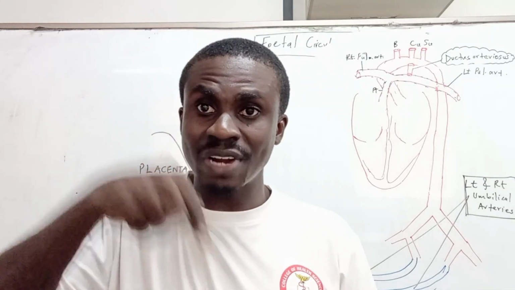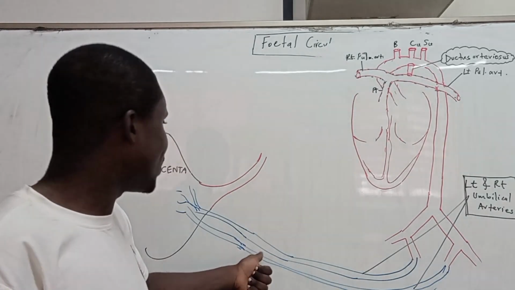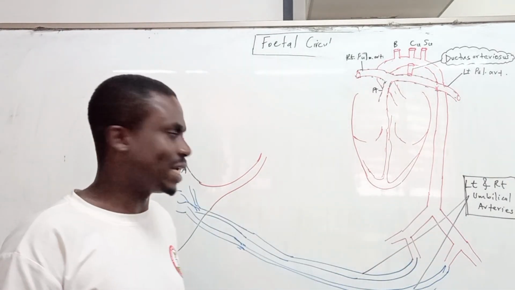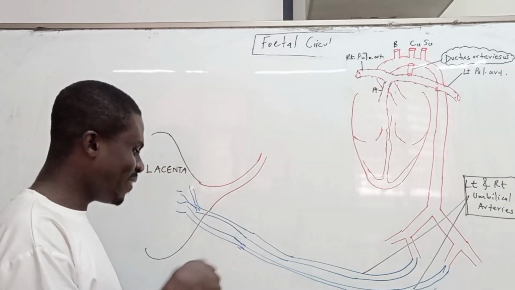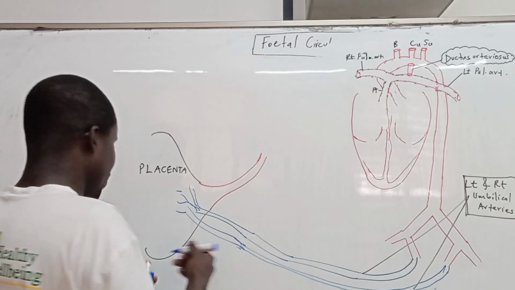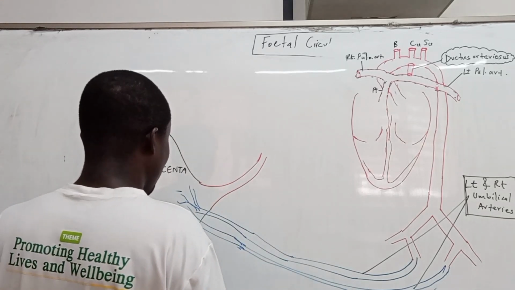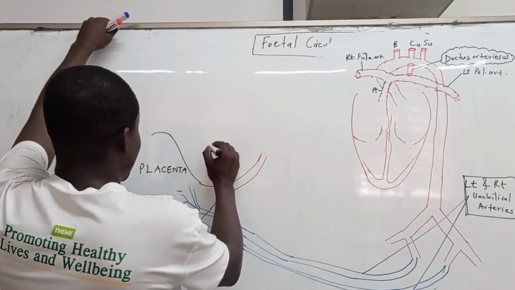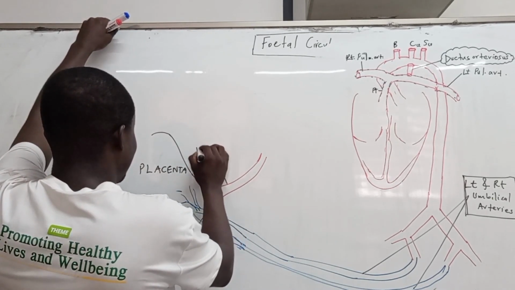However, in intrauterine life, we have also this guy, the left and right umbilical arteries, carrying oxygen poor blood. But carrying oxygen rich blood is rather going to be this guy over here, which I'm calling the umbilical vein.